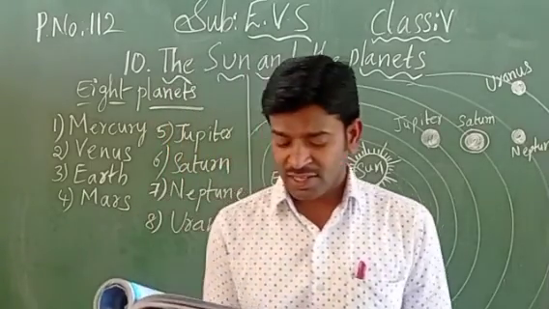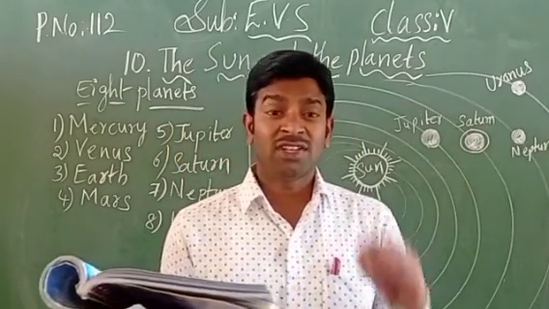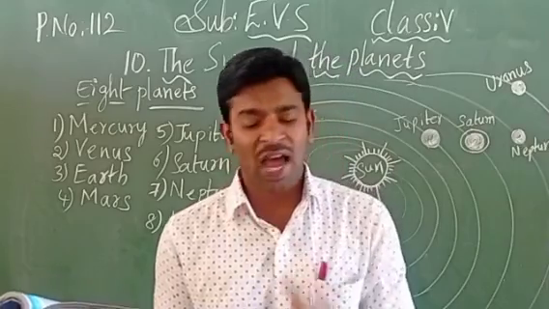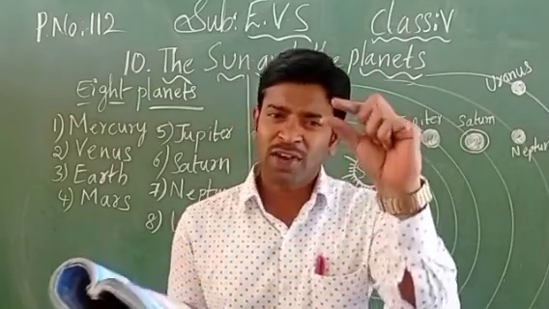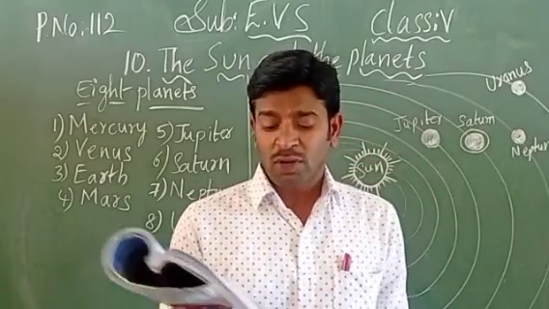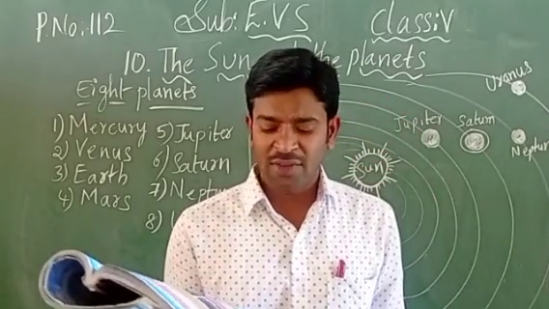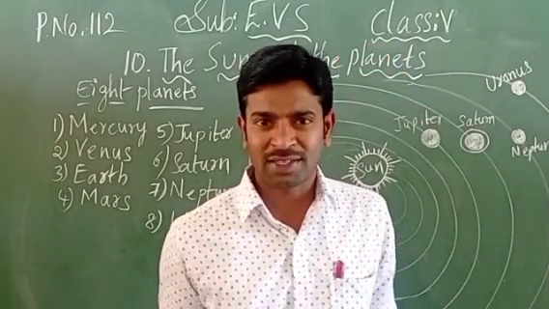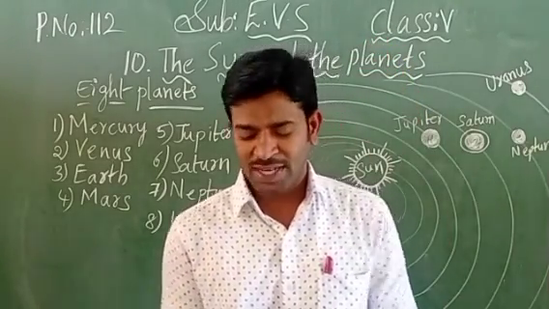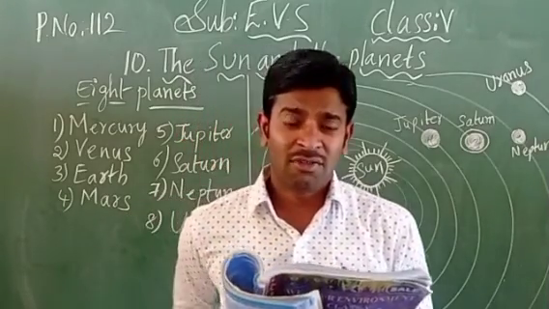See what he is telling. Twinkling is nothing but shining, children. They are looking very small and they are crores of kilometers far away from us. Yes or no? They are very far away from us. That's why they are looking very small.